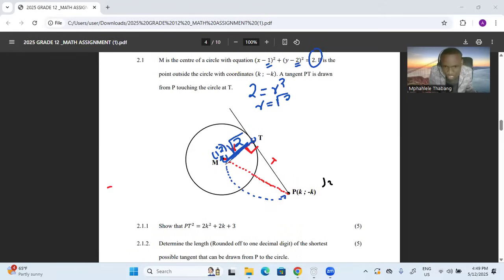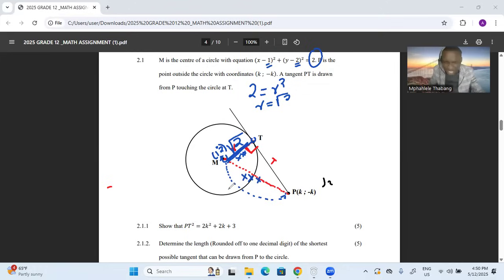So you use the distance formula to find the distance from M to P. Then because you have side MP and side MT, you use the theorem of Pythagoras to find PT. You are actually going to find PT squared.